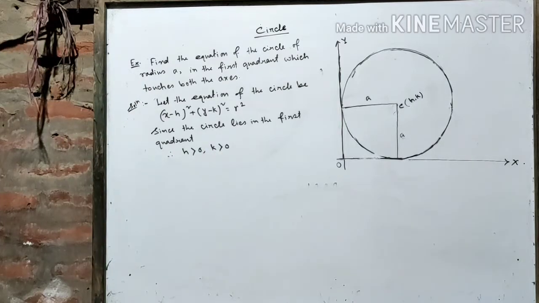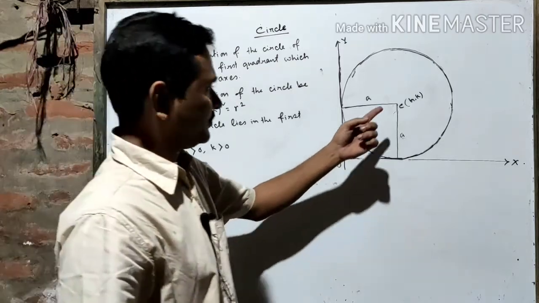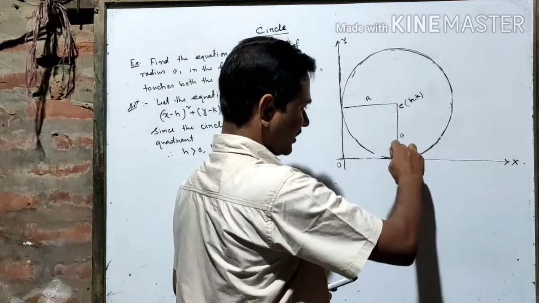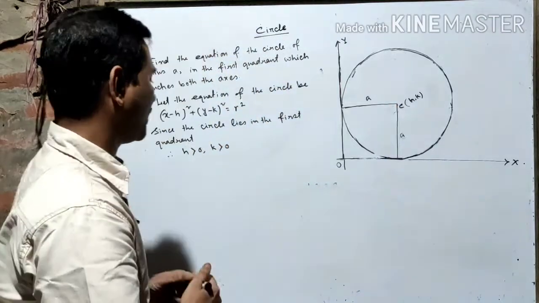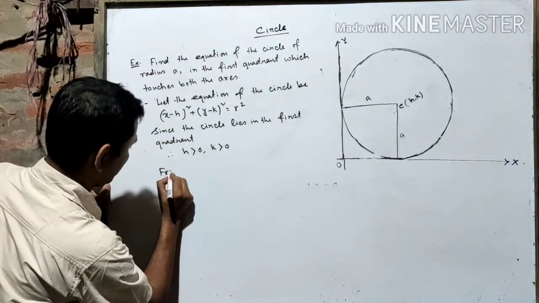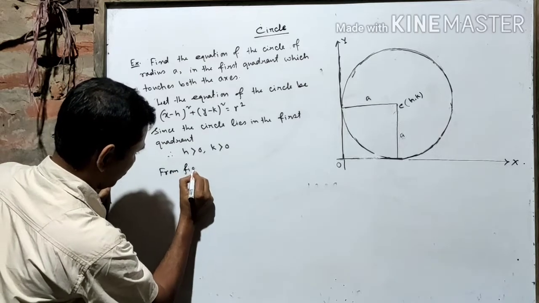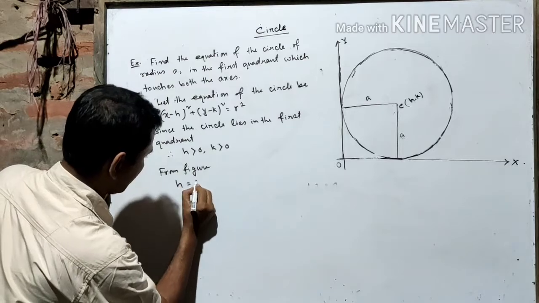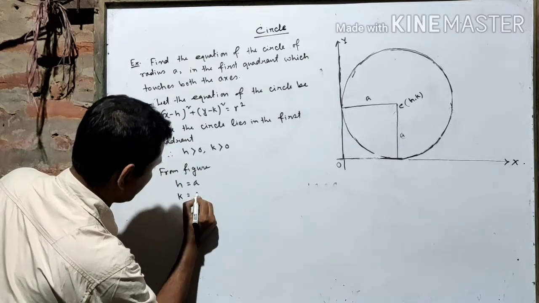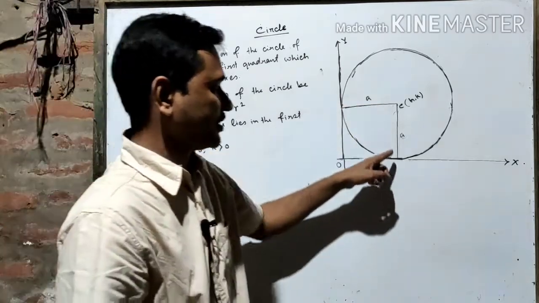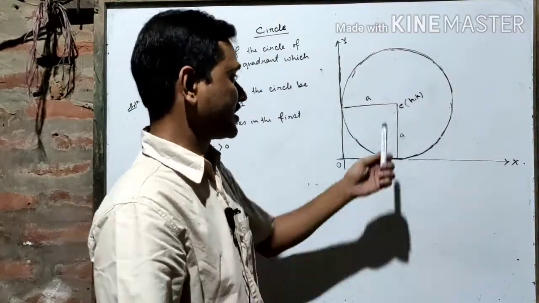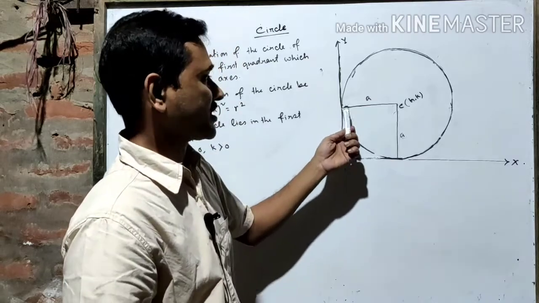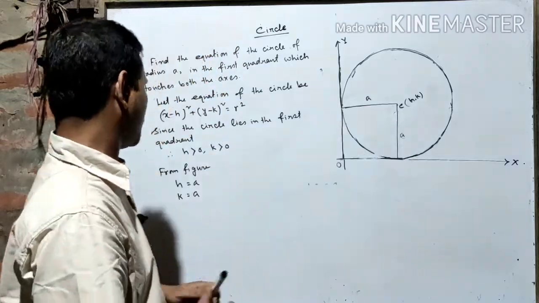Now we see what h is. This is the point h, k, and this distance is h. From the figure, h is equal to a, k is equal to a, because the radius of the circle is given to be a here, and since the circle touches the x-axis, a is equal to k, and since the circle touches the y-axis, h is equal to a.